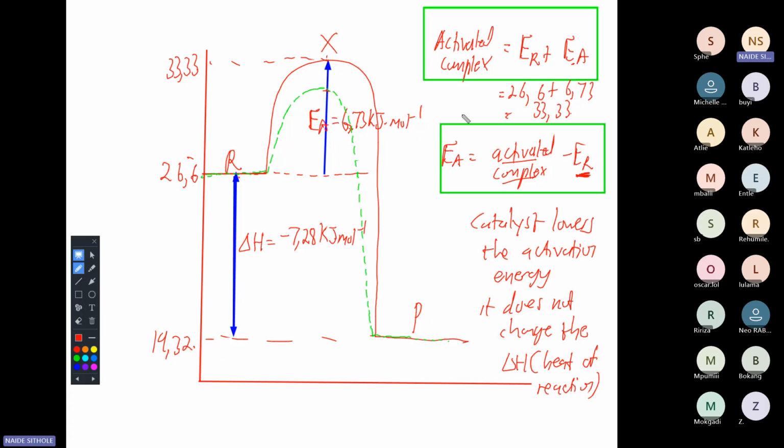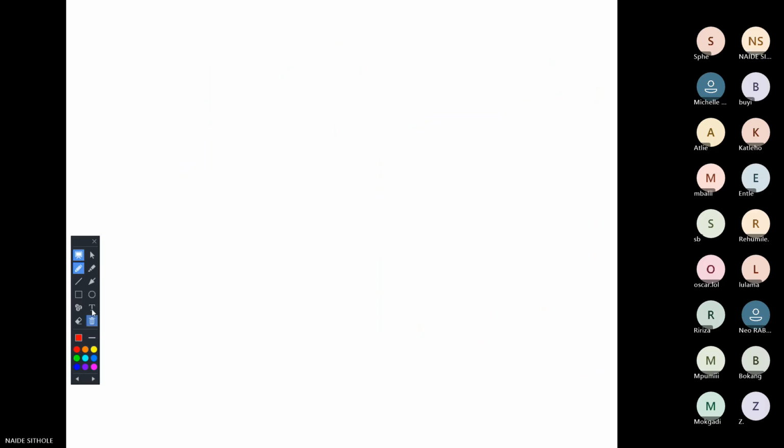If the activated complex becomes smaller, that means it's now easier to convert a reactant to product. Makes sense. Hope it does.